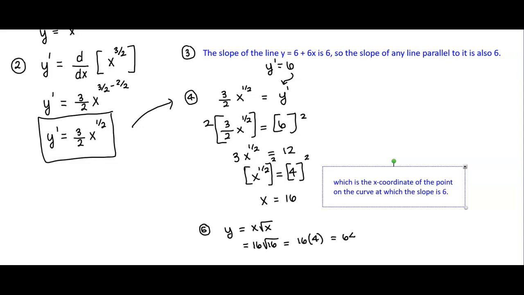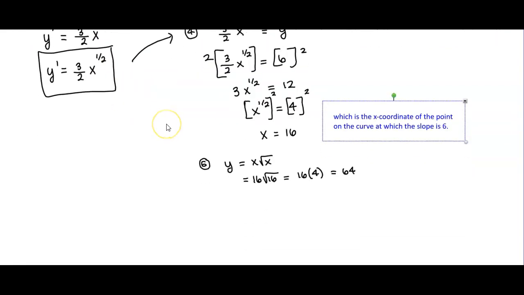And that gives us 64. So what does that ultimately tell us? We know that the point is going to be (16, 64). So we have our point at (16, 64), and we also know that the slope is equal to 6.